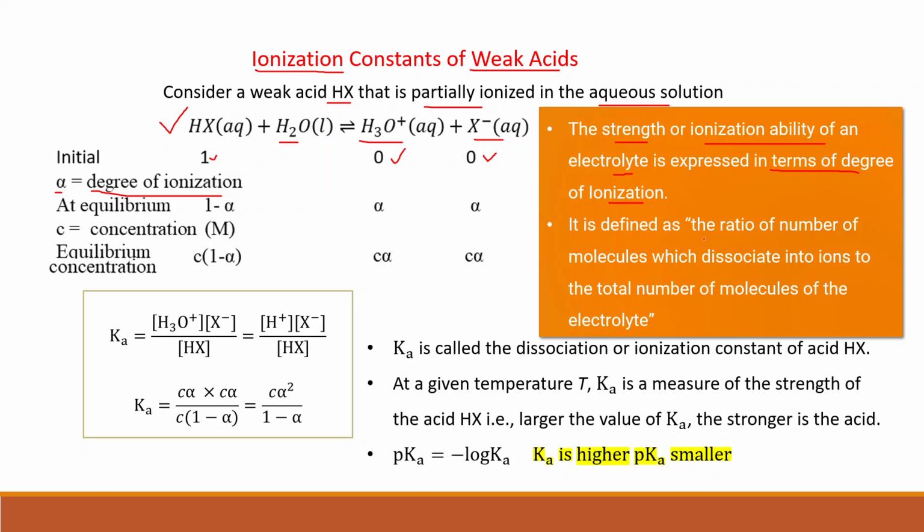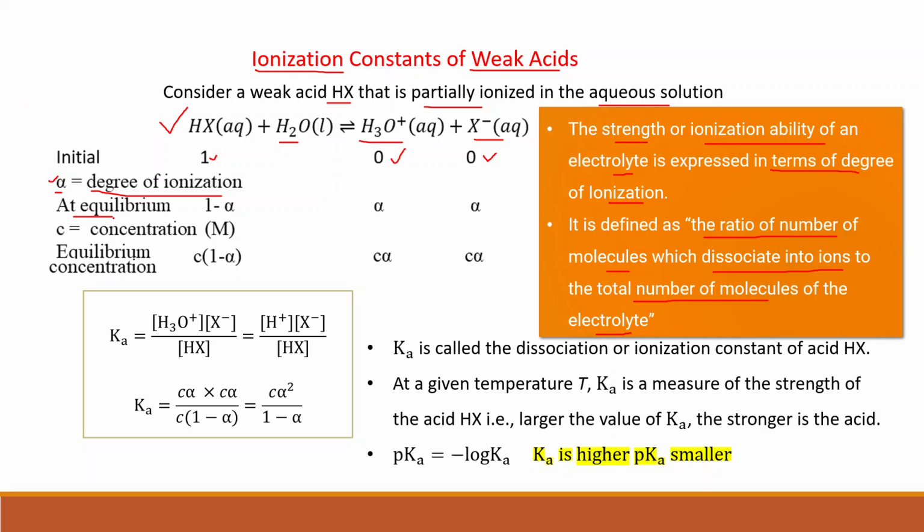It is defined as the ratio of the number of molecules which dissociate into ions to the total number of molecules of the electrolyte. Suppose we have 10 molecules in total, and out of 10, 3 are dissociated, so we can say 3 by 10 is the degree of ionization. This is represented by alpha.